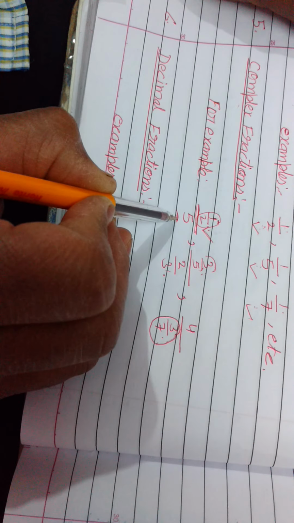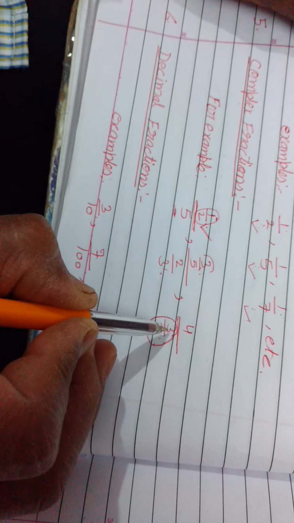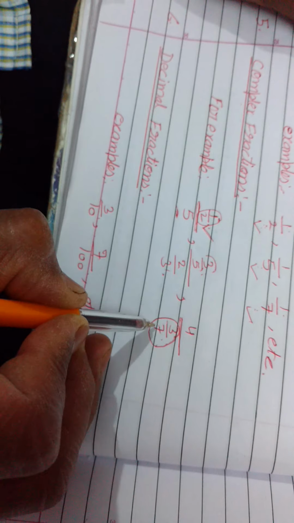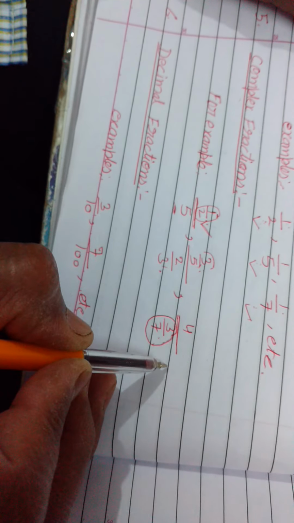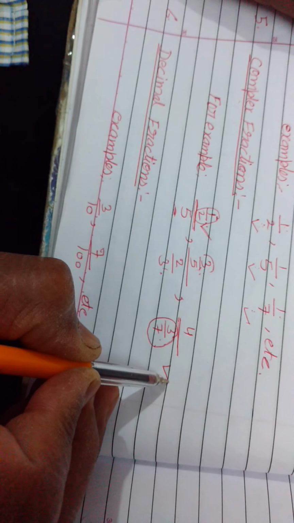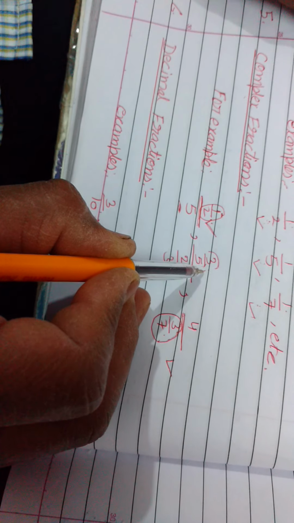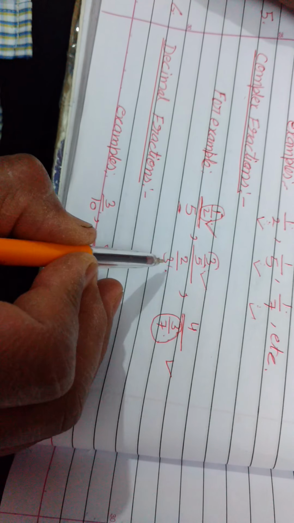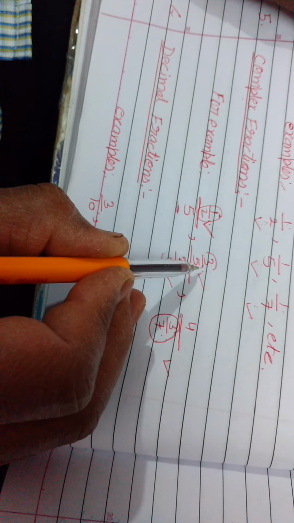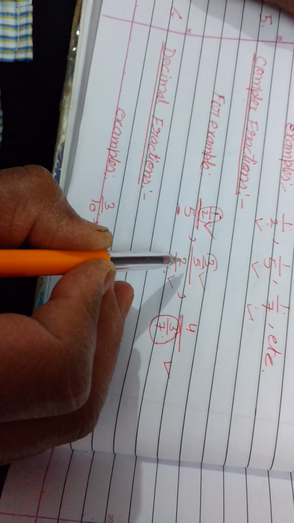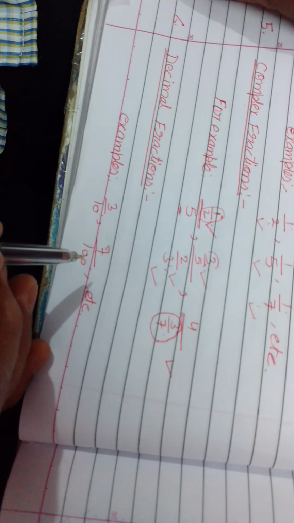So it will be a complex fraction. In this fraction, 4 is over 3 upon 7, the denominator is a fraction, so this will be a complex fraction. Same way, in this fraction, 3 upon 5 is the numerator and 2 upon 3 is the denominator. Both numerator and denominator are fractions, so this will again be a complex fraction.